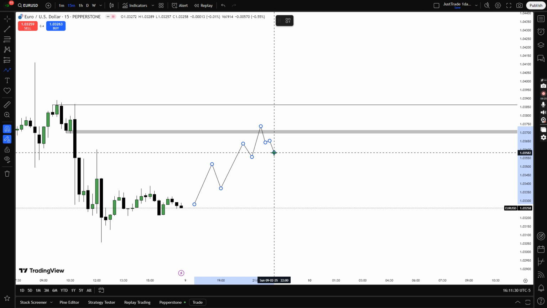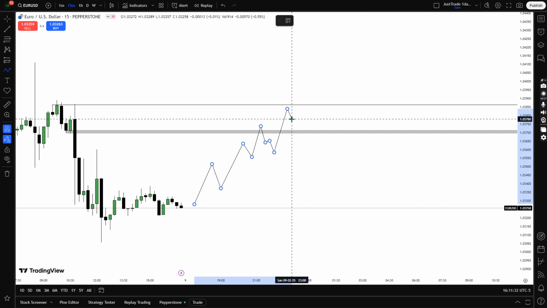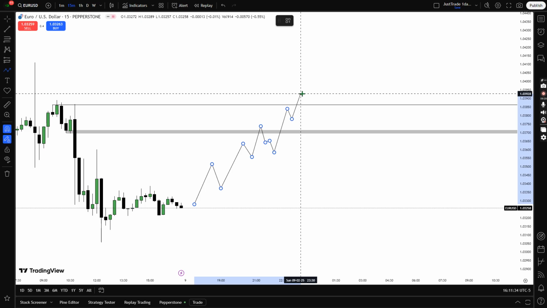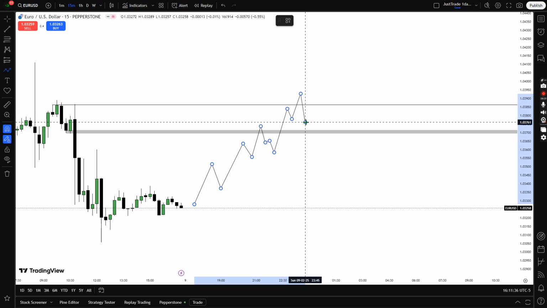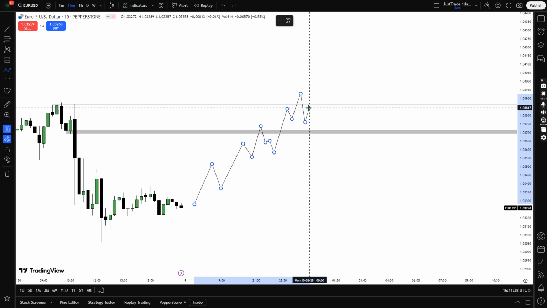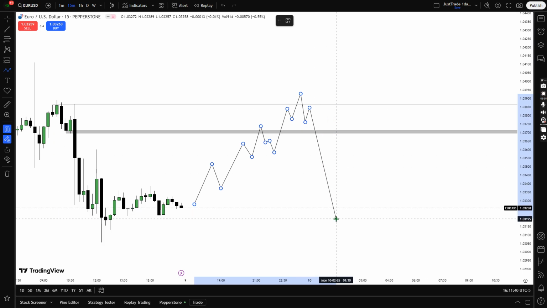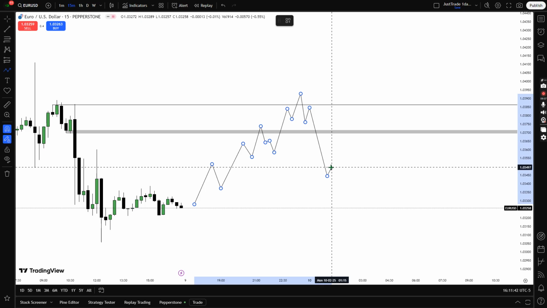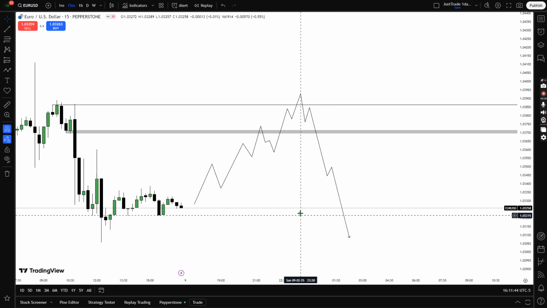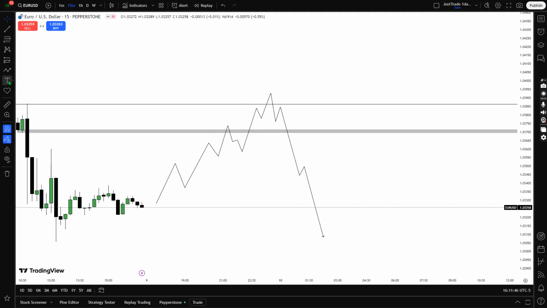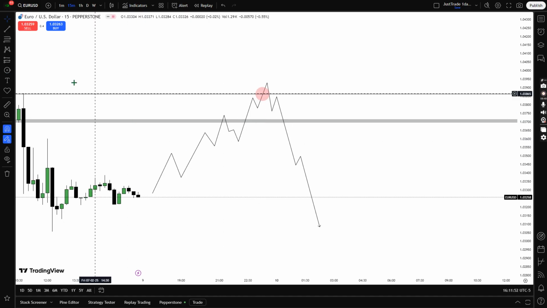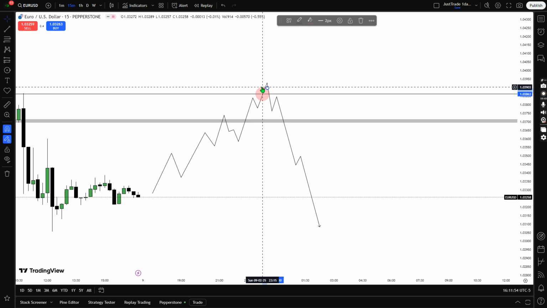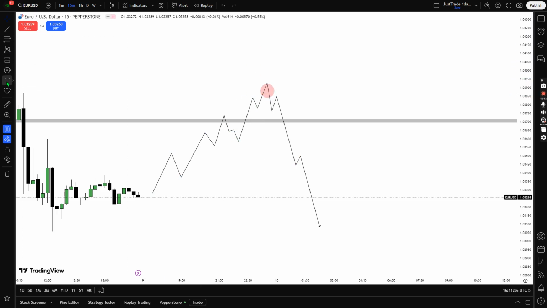Okay, and once it does, market probably is gonna sweep them, then go down, come back again, test it, and then go all the way down. Okay, that's what I'm expecting the market to do, and I want to short it as soon as it touches this one. Okay, so this is my scenario, going short up here. That's what I expect.